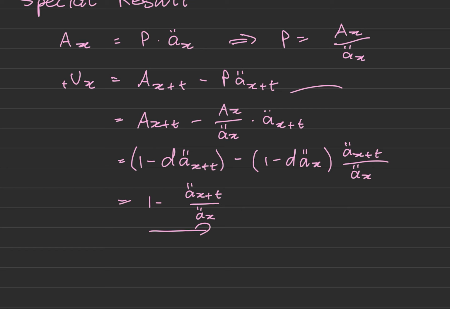That's the normal way that we calculate reserves, but this basically just jumps right to here. And the reason why we can jump there is because things cancel neatly using these premium conversion formulas, which is why we end up with the special result.